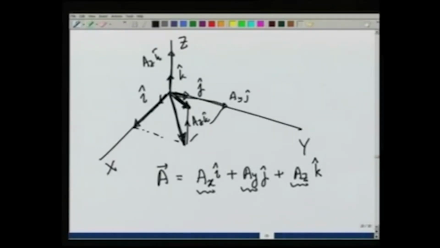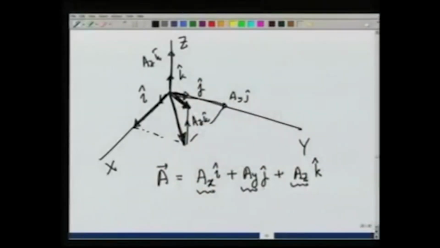Although in this case I added a x and a y first and then a z and got this vector, it does not matter in which order you add these vectors, because we have already proved that addition of vectors is commutative. So, I could have added a y and a z first and then added a x, I will still end up with the same vector A.